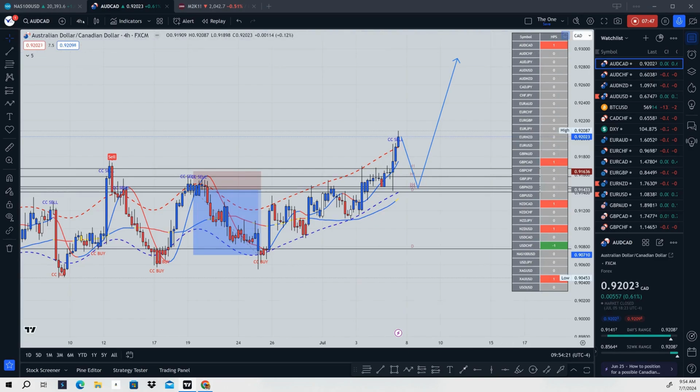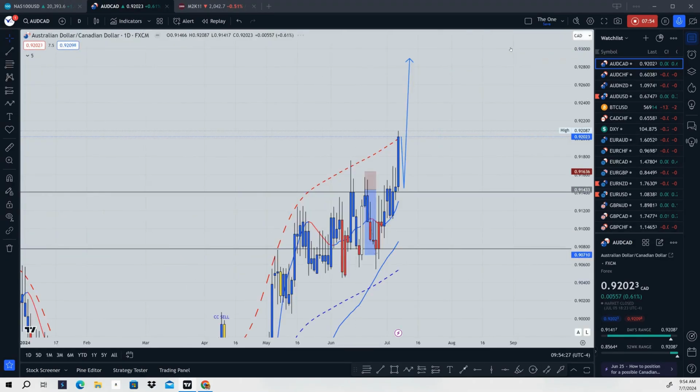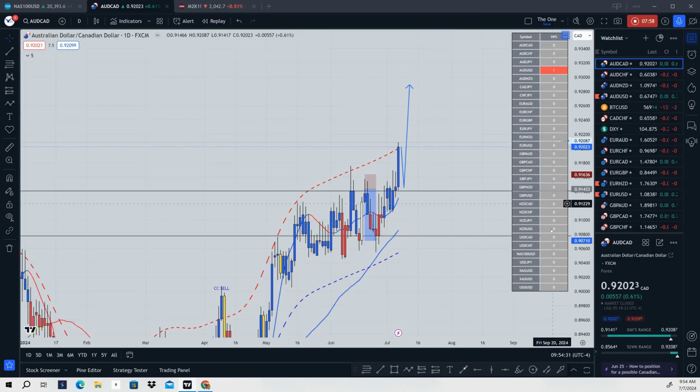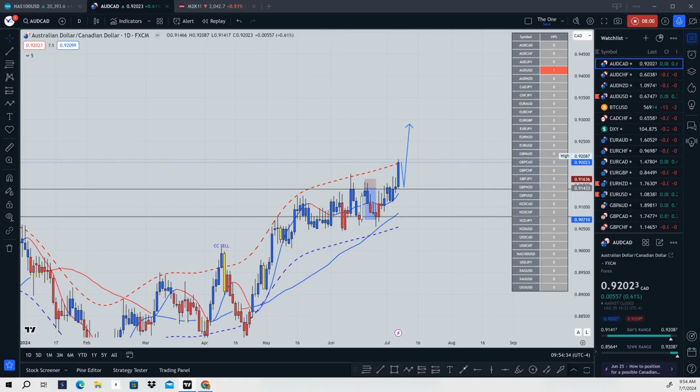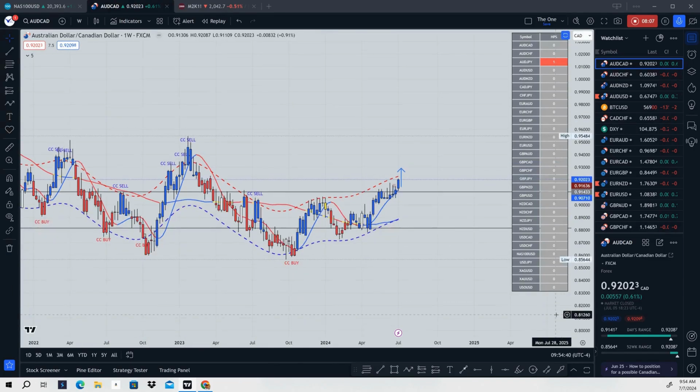So if I go to the daily time frame, you can see we have a signal on the 4 hour on AUD CAD, but guess what? We do not have one on the daily because daily is not ready to reverse right now. We're still bullish. Price is still going up. We can even take a look at the weekly time frame, right? Weekly time frame is also bullish.